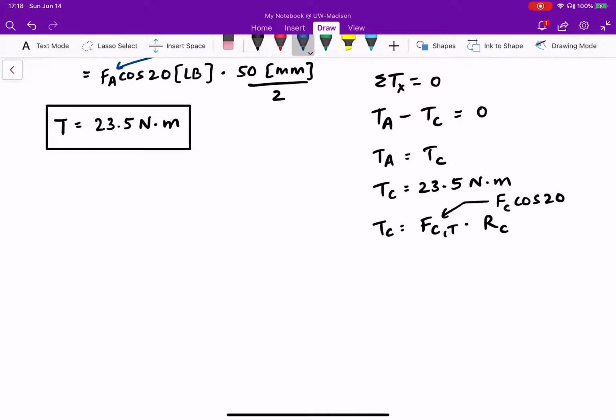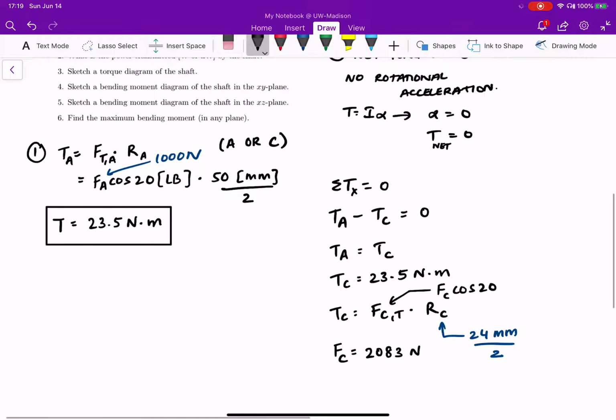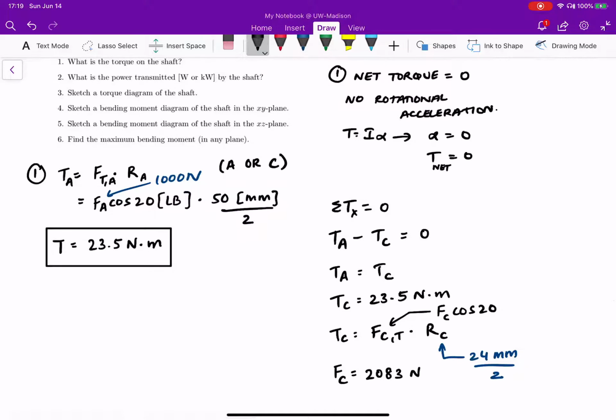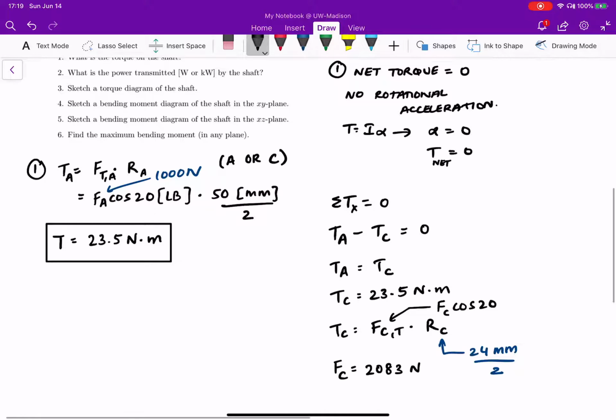We know TC, we know RC is 24 millimeters divided by 2. And so FC is equal to 2083 newtons. So we know FC and we know FA, and it's going to be helpful when we have to draw the bending moment diagrams later.